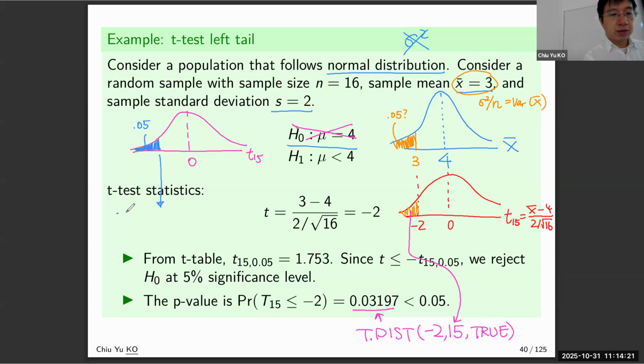This will be T inverse 0.05, 15. This will give you negative 1.753. And your data is somewhere here, negative 2. So it's in the rejection region. So you reject. Again, say bye-bye to x0.